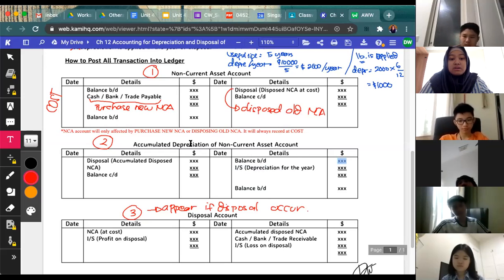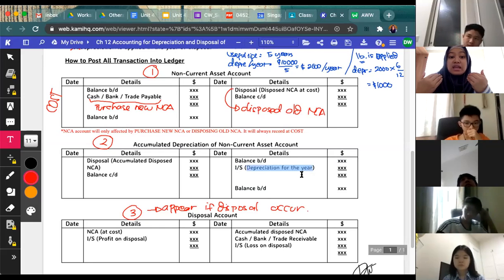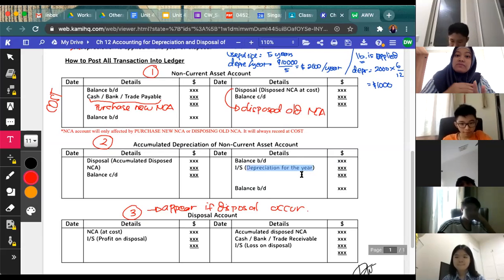Second, the accumulated depreciation of non-current assets will be increased if there is another depreciation that is applied in that year. Remember, yeah? Because accumulated depreciation is the total depreciation that you have made. So every time depreciation is applied, it will add to the accumulated, yeah?